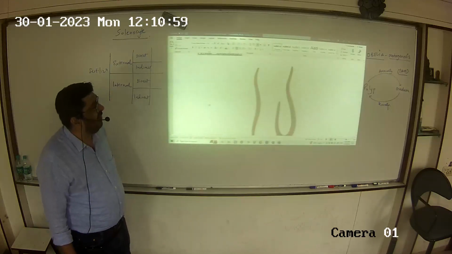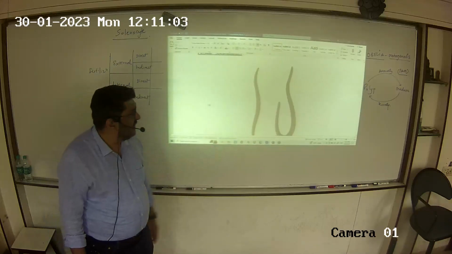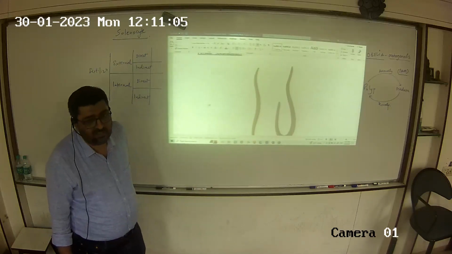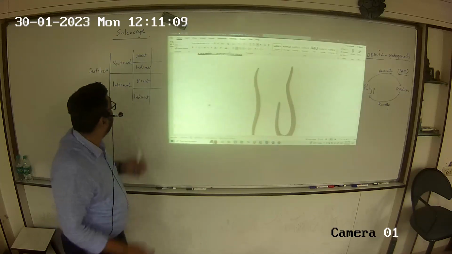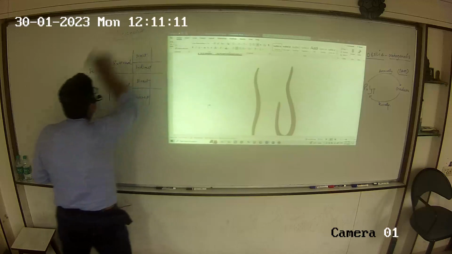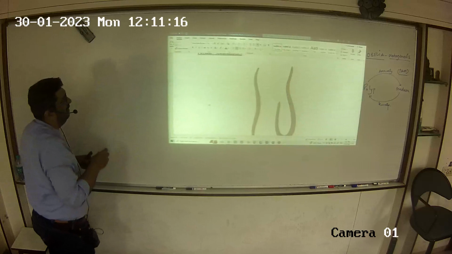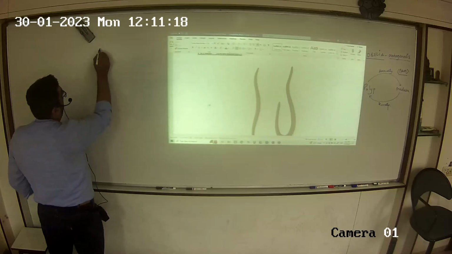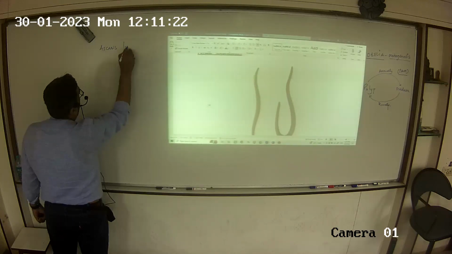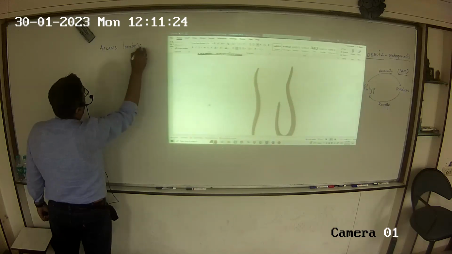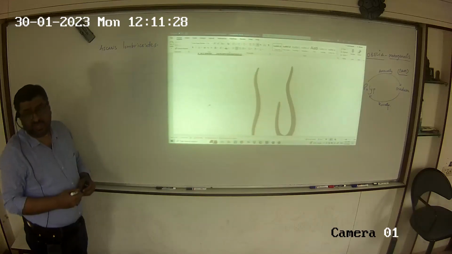Phylum Aschelminthes. Now, Aschelminthes mein the image given in the NCERT is of Ascaris, the roundworm. Ascaris is known as Ascaris lumbricoides.